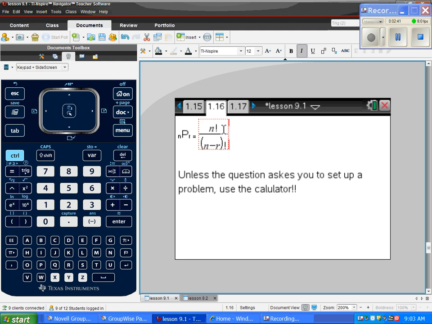If I had like 5 factorial, what would I do? 5 times 4 times 3 times 2. You start at this number and you're multiplying down to 1. Now you're going to have, I think, 1 or 2 problems where you're going to have to use this formula out. Most of the time, though, we're going to be able to just plug in the nPr into our calculator, and it'll give us the answer we're looking for.